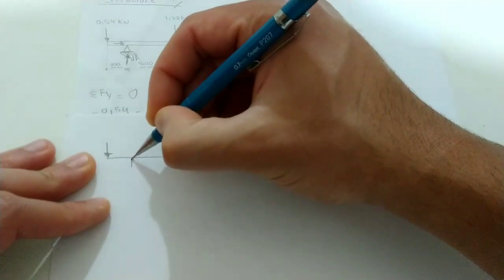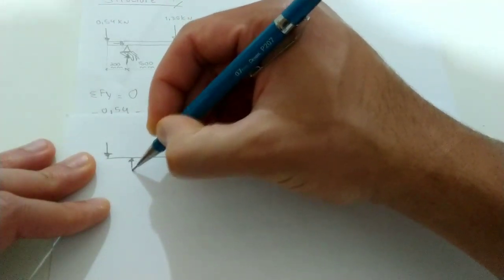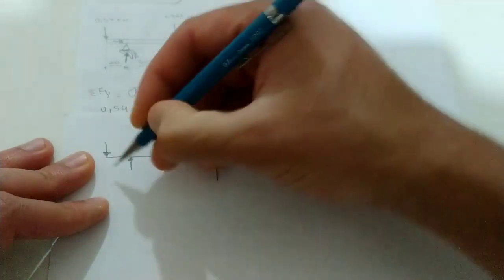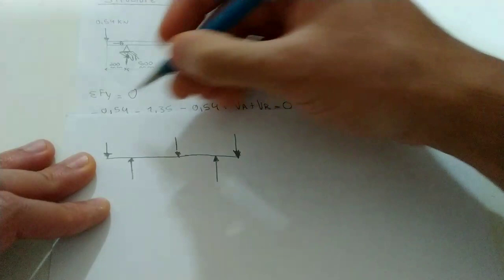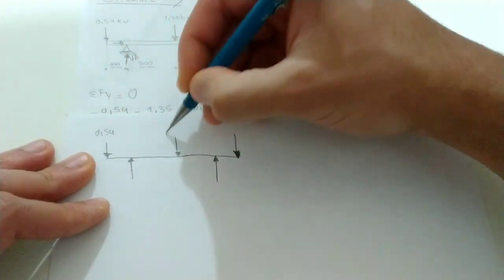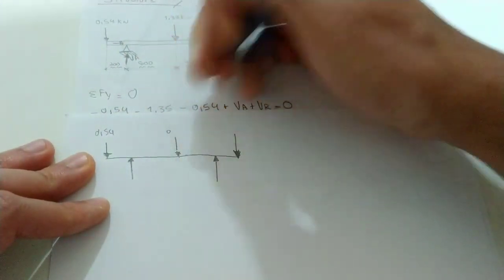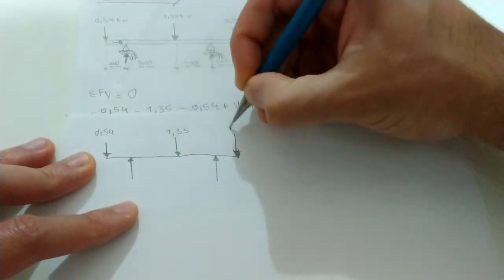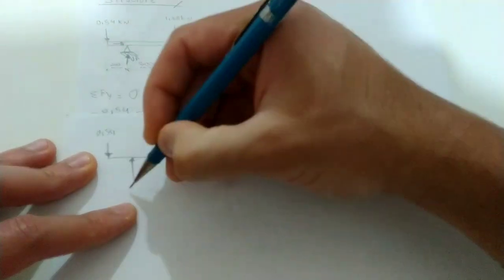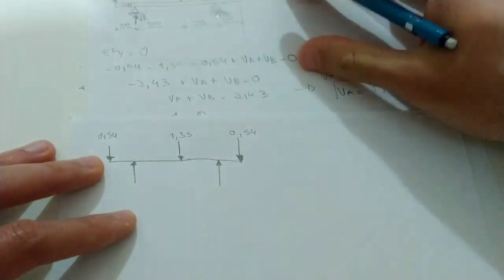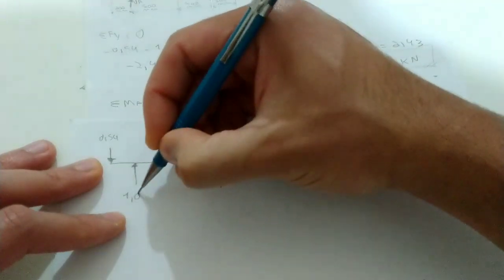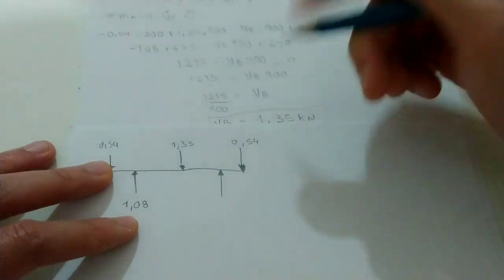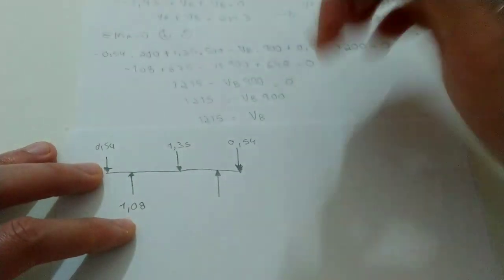And this part will be one force, and here two. Here will be VA. VA is 1.08, and VB is 1.35.